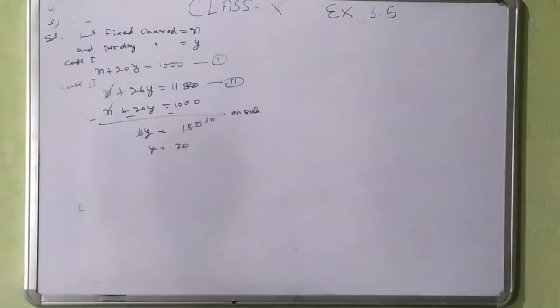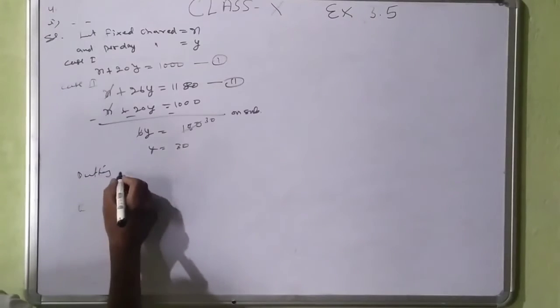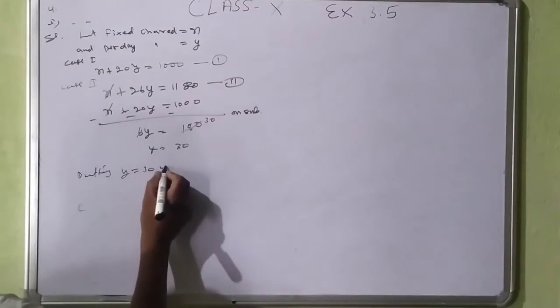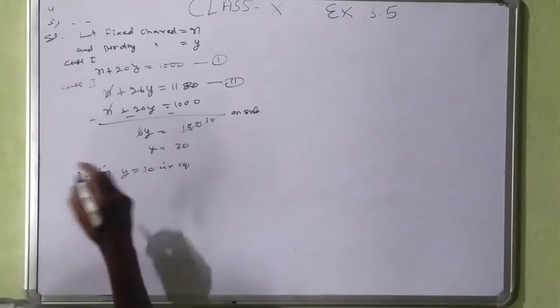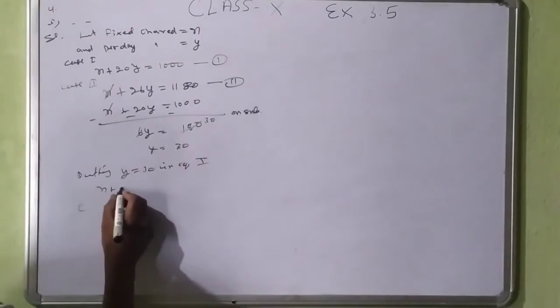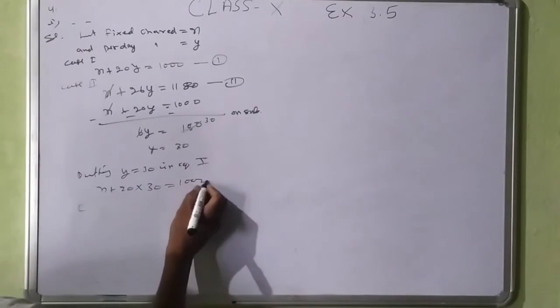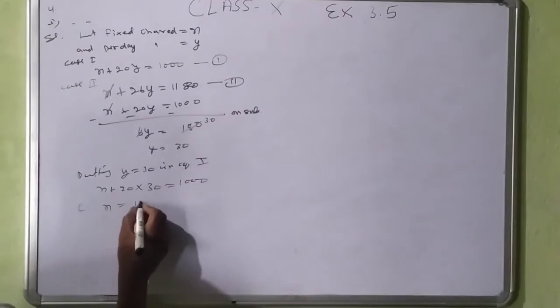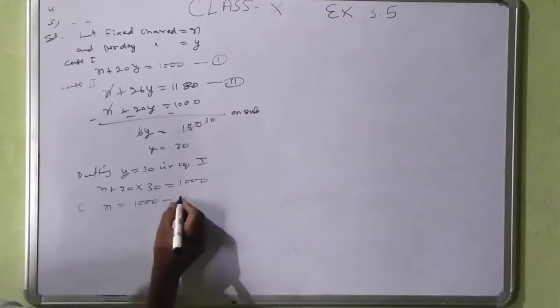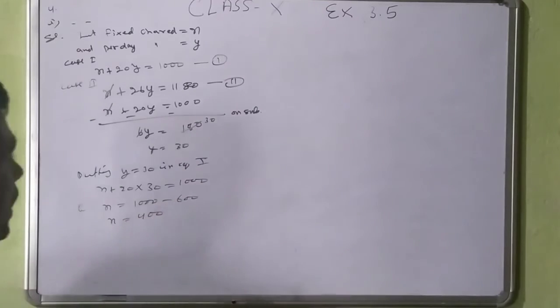That is the per day charge. Then putting y is equal to 30 in the first equation, x plus 20 into 30 is equal to 1000. So x is equal to 1000 minus 600. So x is equal to 400.